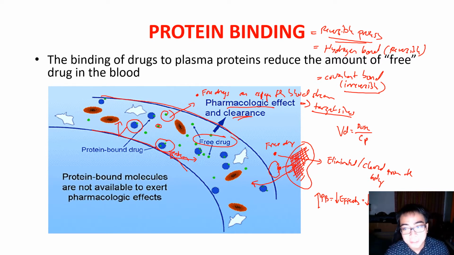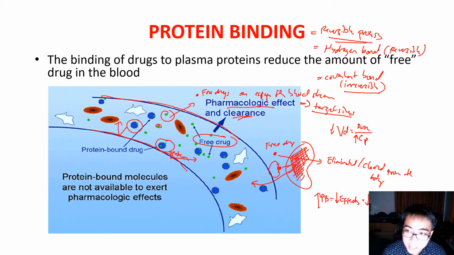So, ibig sabihin, class, volume distribution is directly proportional to the dose, meaning the higher the dose of a drug, ang tendency is, mas mabilis siya mag-distribute. Okay, which makes sense din naman because you'll have more free drugs available. Okay? Pero ito, class, inversely proportional daw ang volume distribution sa plasma concentration. Ibig sabihin, kapag mataas ang amount of drug in the bloodstream, mababa ang distribution.